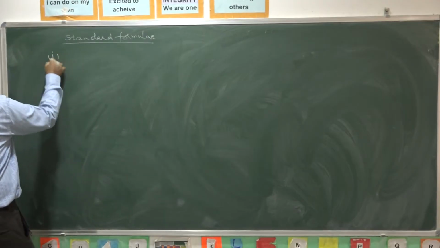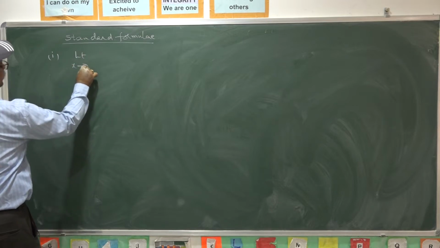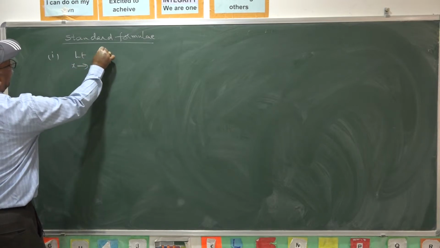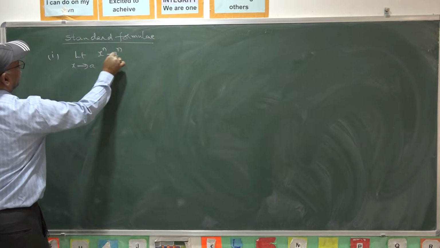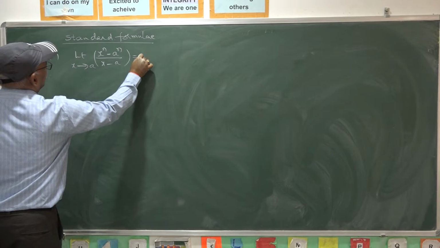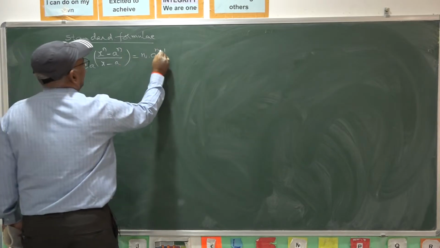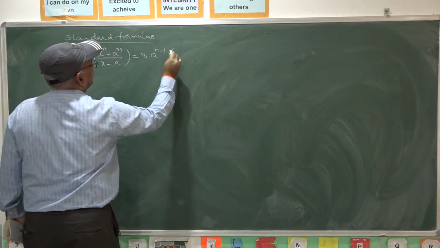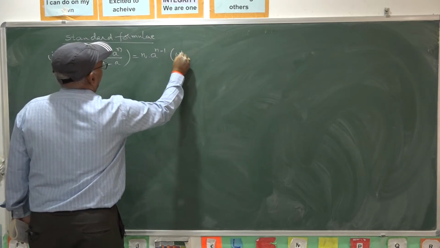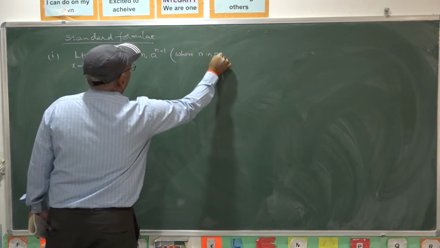The first one is limit x goes to a, (x^n minus a^n) by (x minus a) is equal to n into a^(n minus 1), where n is a real number.